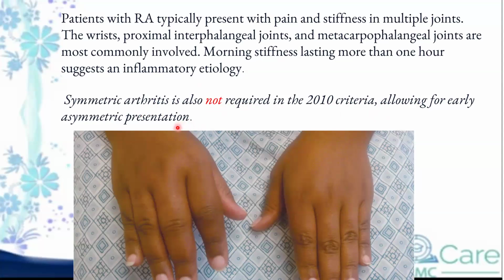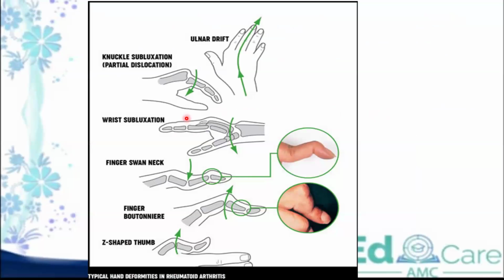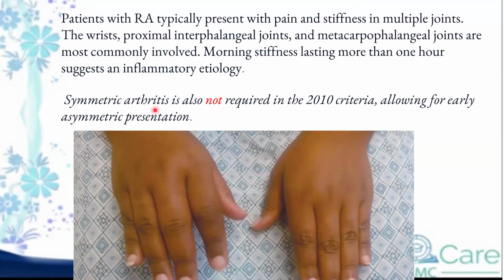So at the onset of the disease, they can come with an asymmetric presentation. There are some questions where they have shown you only one side being affected, and the answer is actually rheumatoid arthritis, right? They'll give some other suggestive features.